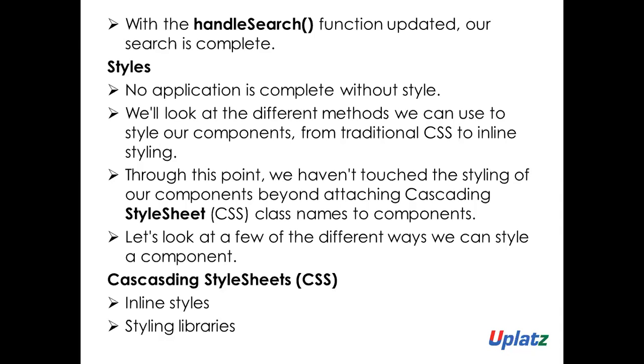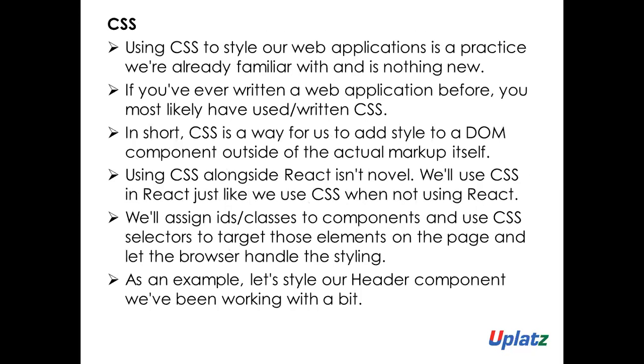Up to this point, we haven't touched the styling of our component beyond attaching cascading style sheet class names to our component. So let's look at a few of the different ways we can style our component. We have inline styling, cascading styling, and styling libraries. So let's see them one by one.